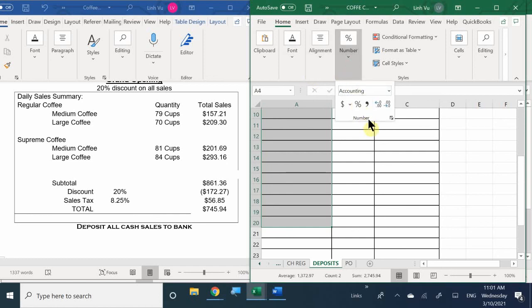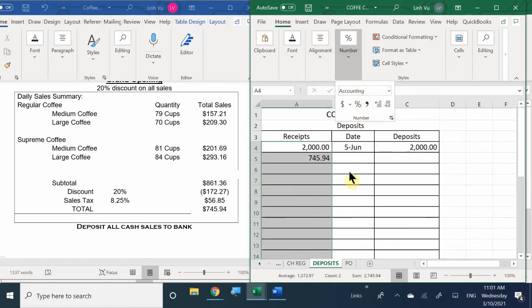Obviously when we do cash sales, we're going to make sure that our cash register is fully stocked, and then we're going to take all the big bills and dump it into the bank. All right, so that's the deal here, right?